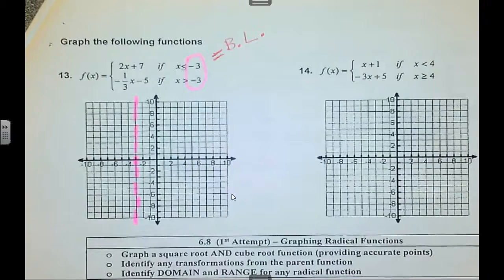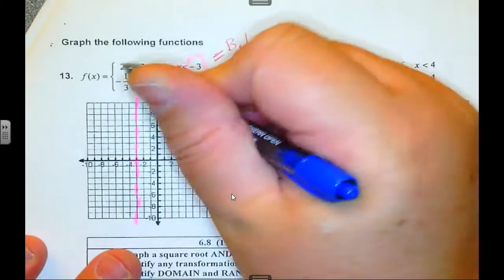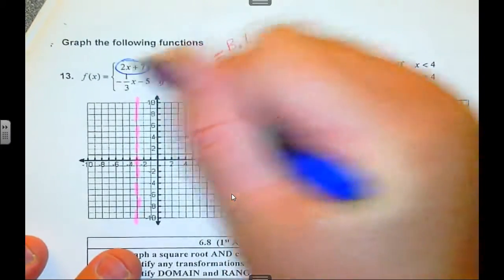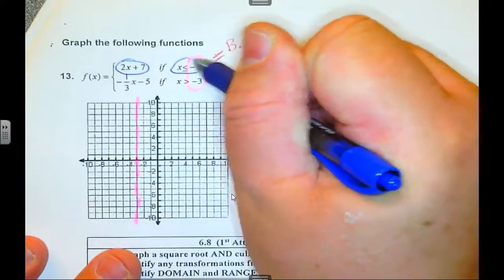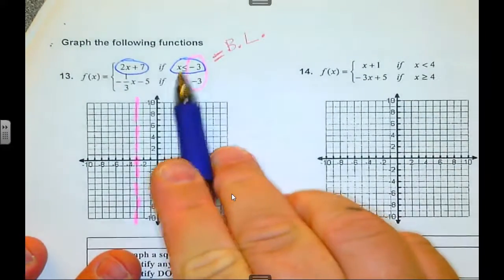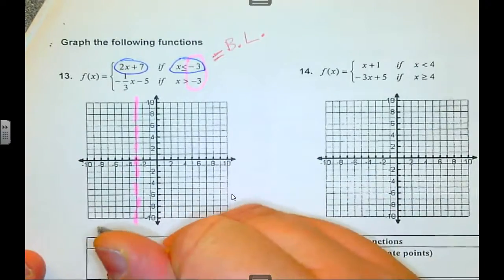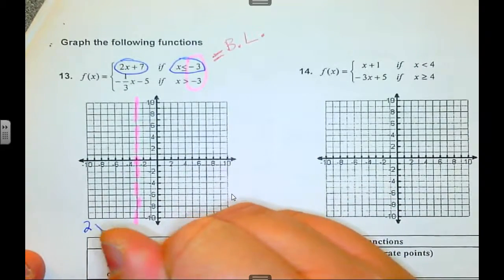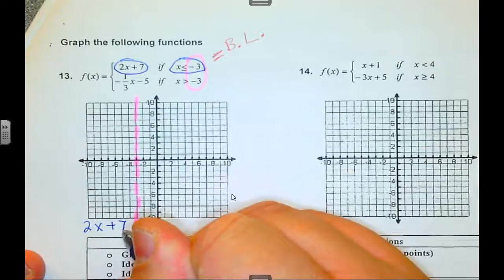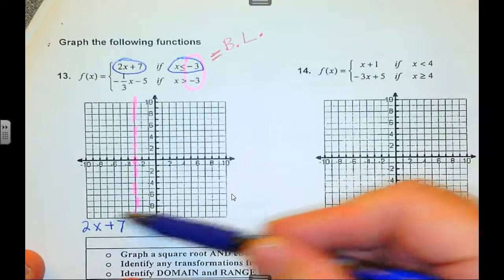Here's my boundary line. X equals negative 3. Okay, the top one. The restriction to my domain is x is less than or equal to negative 3. I have to use the function 2x plus 7.